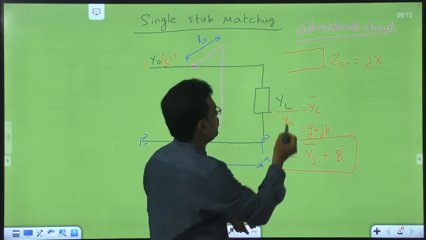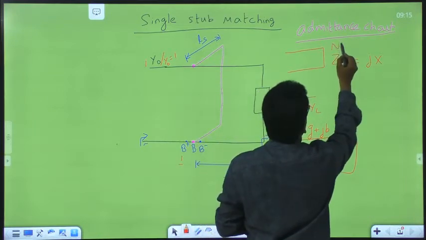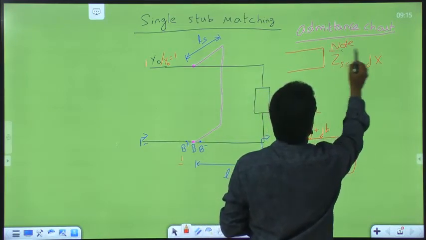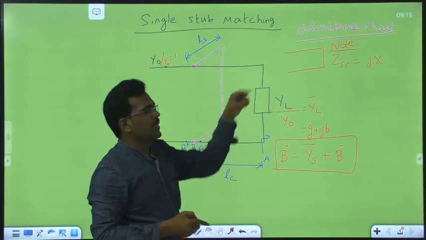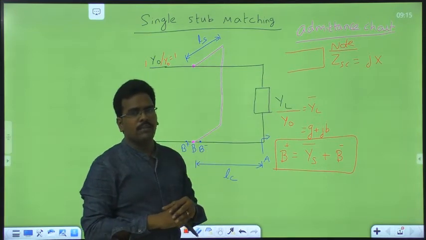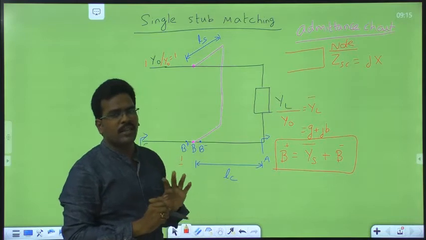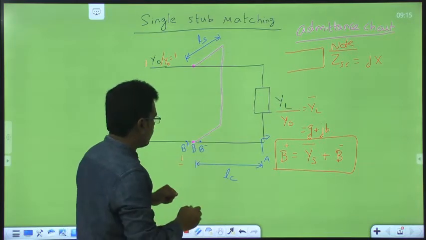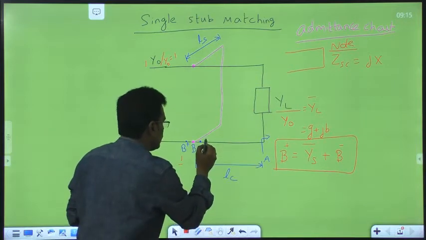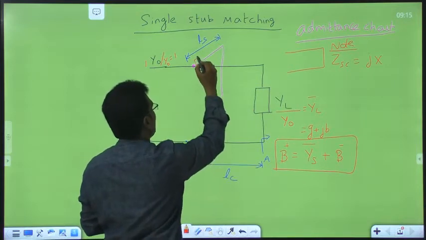This is the point you have to note. In the previous classes we already proved that a short circuit stub contains only purely imaginary value.